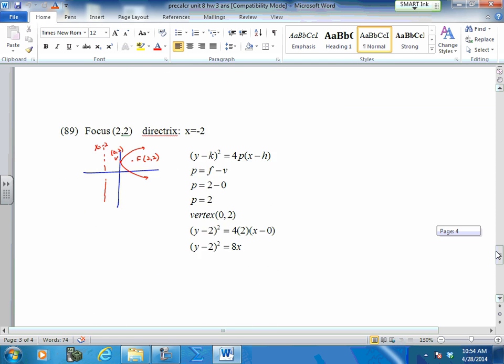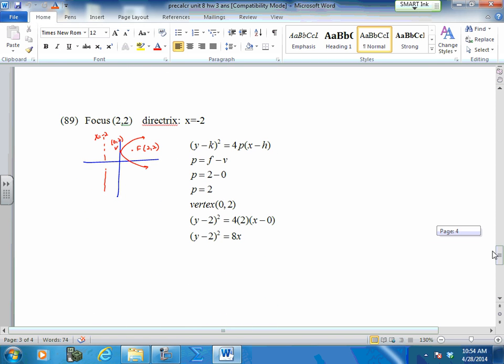And I think this is your last one. Again, your distance here is from your vertex. We didn't know a vertex on this one. We only knew your focus and your directrix. Now, your vertex is halfway between.